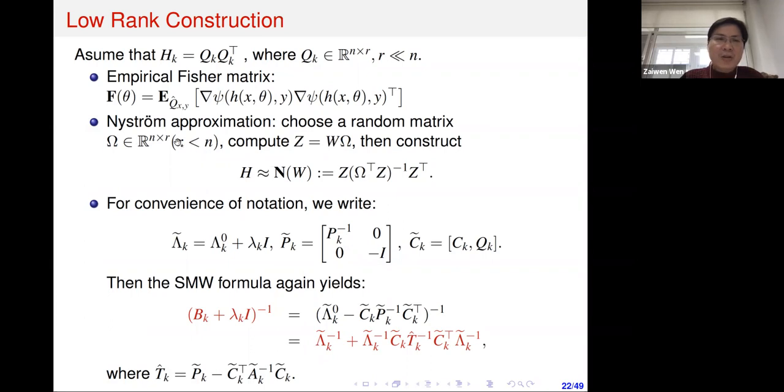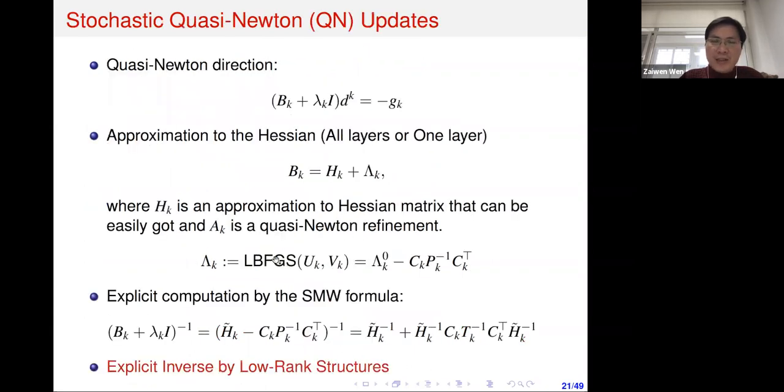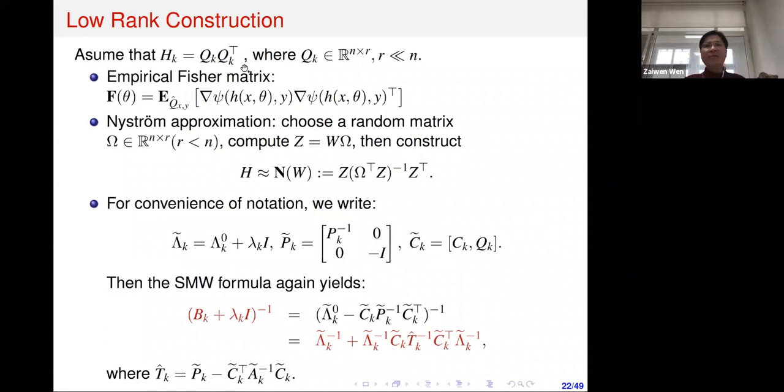And then suppose Omega itself is a random matrix, it's low rank, then Z_k is low rank, and this matrix is low rank. Once again, we plug into the expression of lambda by L-BFGS. Because H_k itself is low rank, again, you can use the SMW formula, right? You can compute the inverse directly. So this is our method.